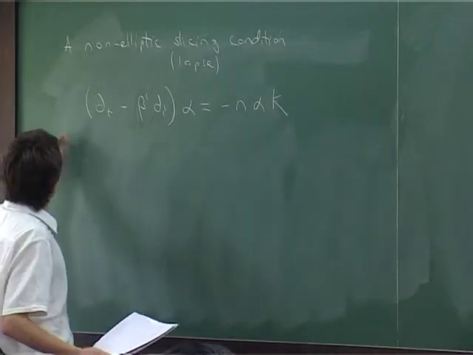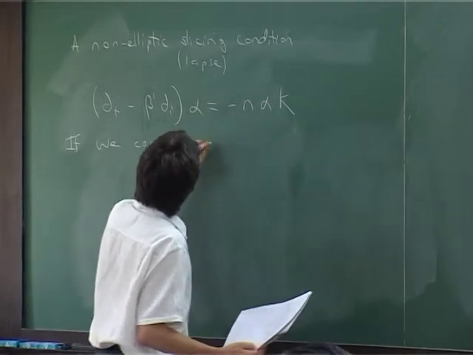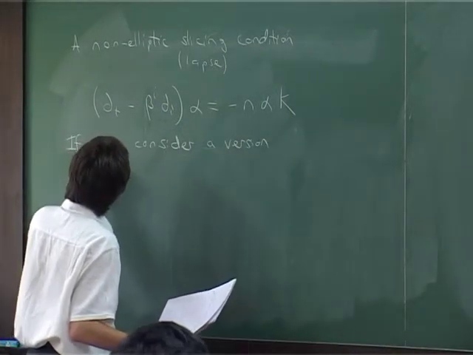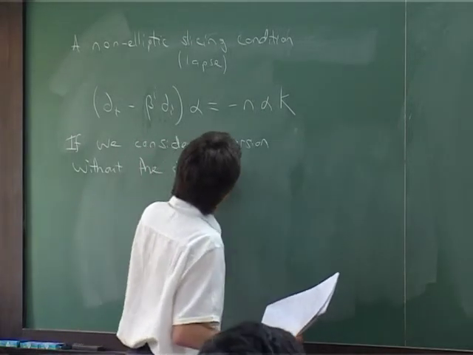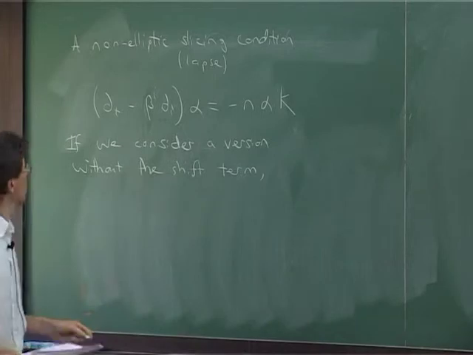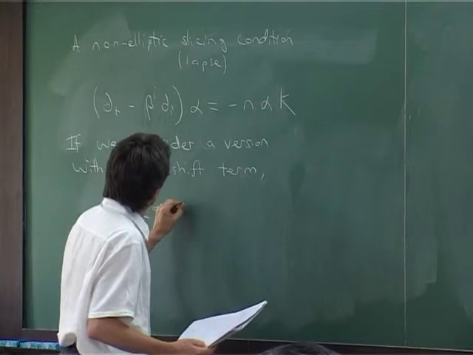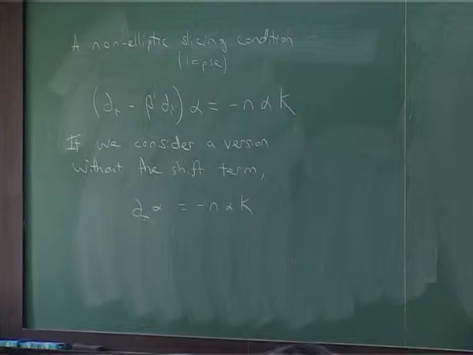So we consider the non-shift version. In this version, n is some constant that we choose. It's normally chosen to be 2 for essentially historical reasons, but I'm just leaving it as n here.